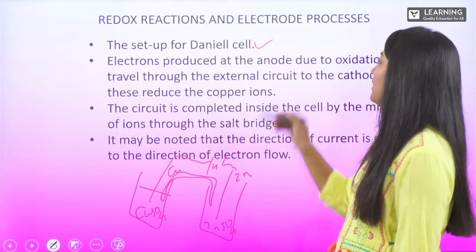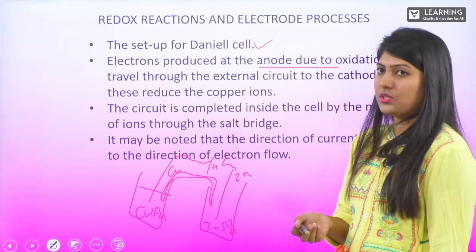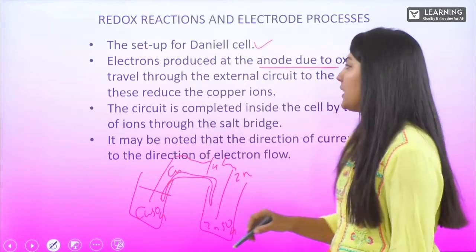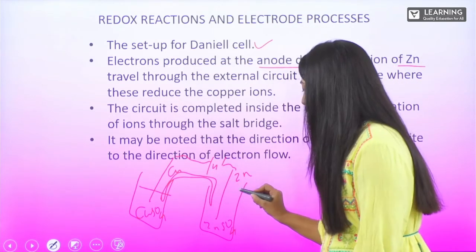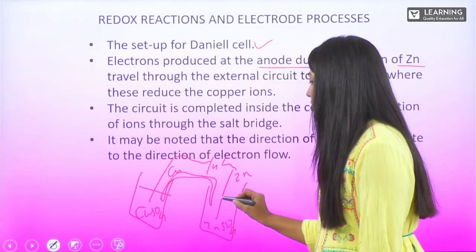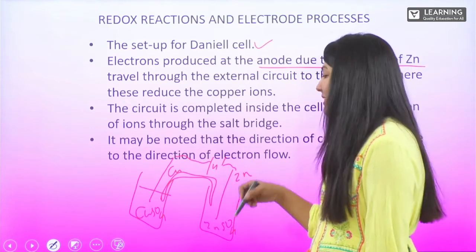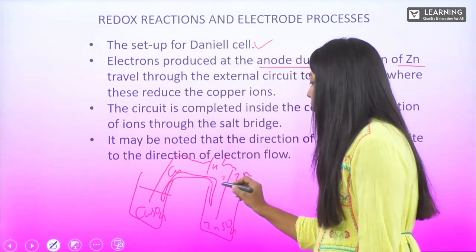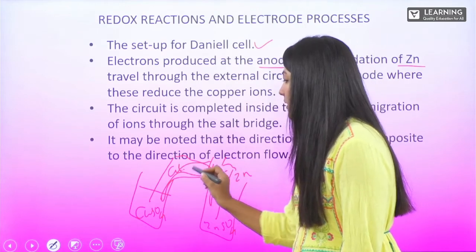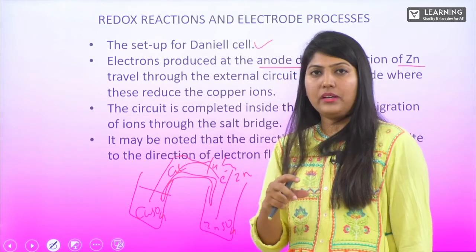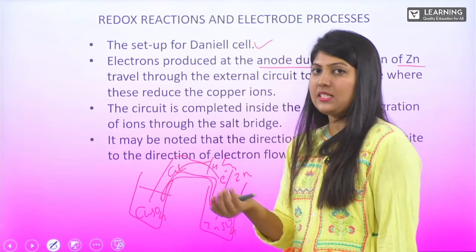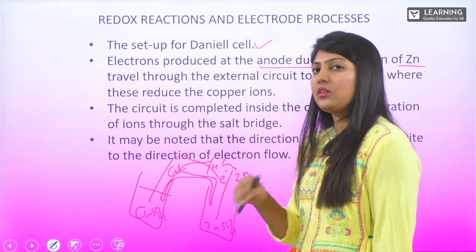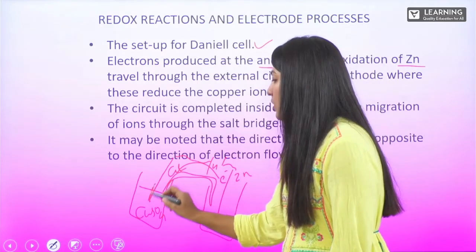The electron produced at the anode due to the oxidation of zinc travels through. Here Zn becomes oxidized, electrons are removed from zinc, and those electrons travel and are gained by Cu2+ present in the copper sulfate, which gets deposited on the copper.